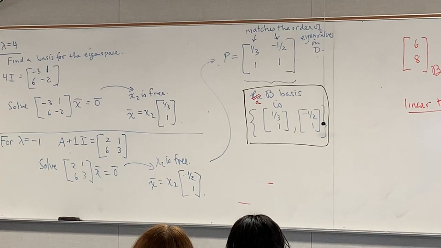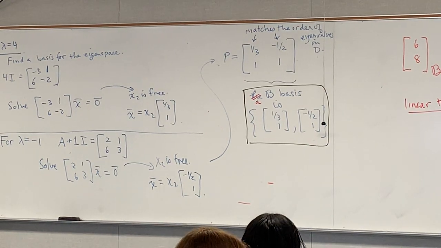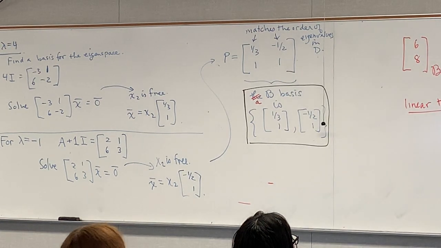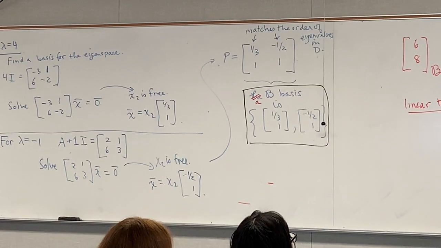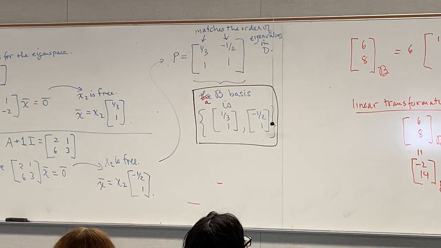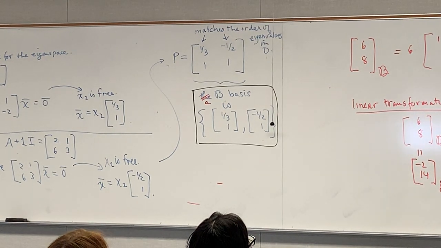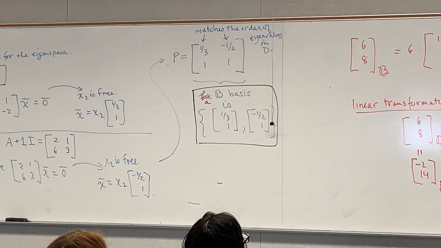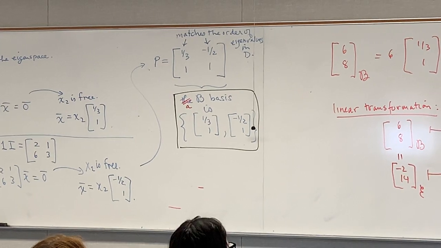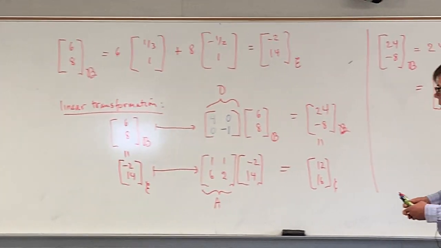Felix? 24, negative 8 in basis B, right? By P, you'll get 12, 16. It makes no sense to multiply this vector by A, but by P, and you will get 12, 16.